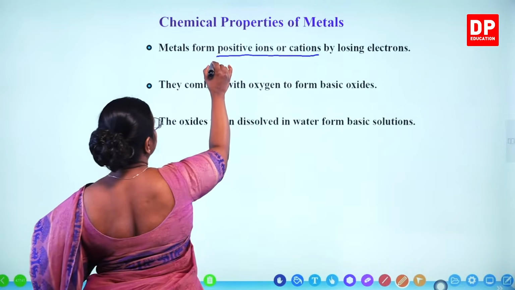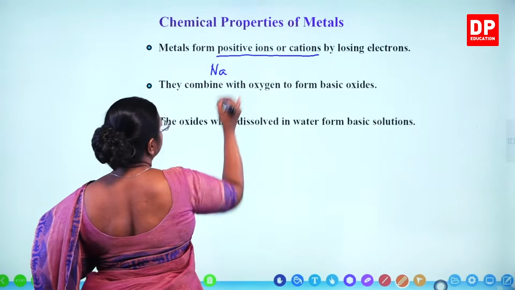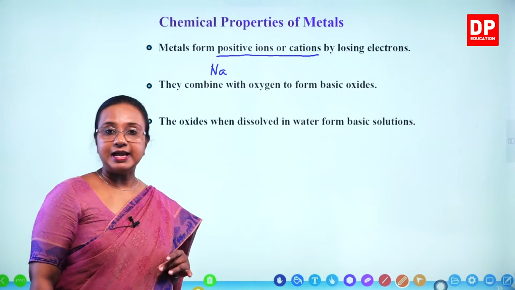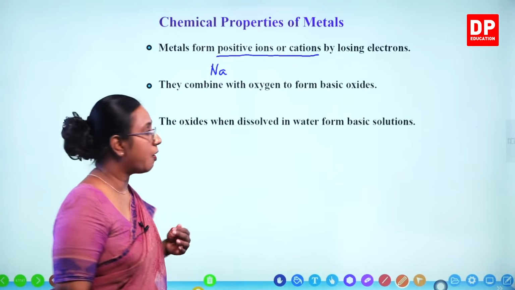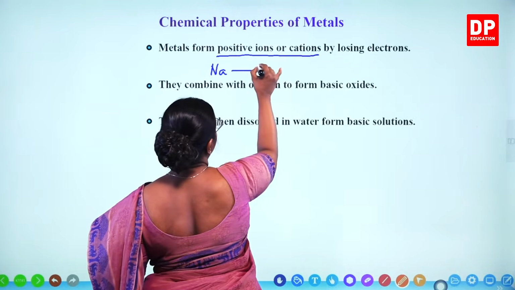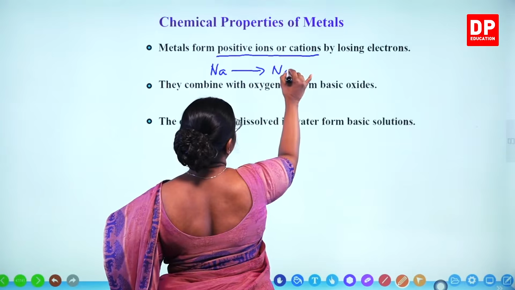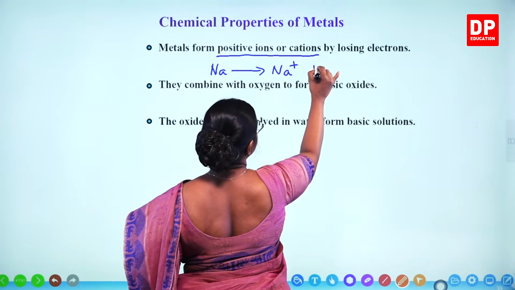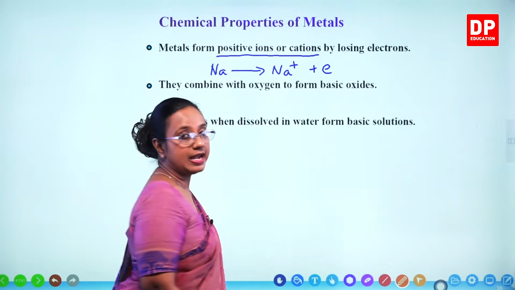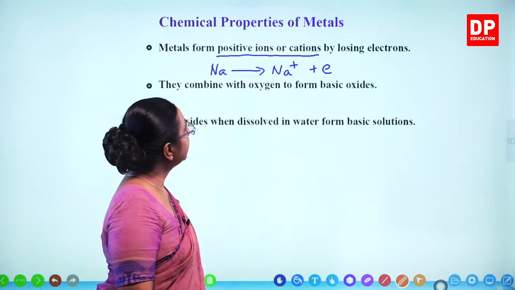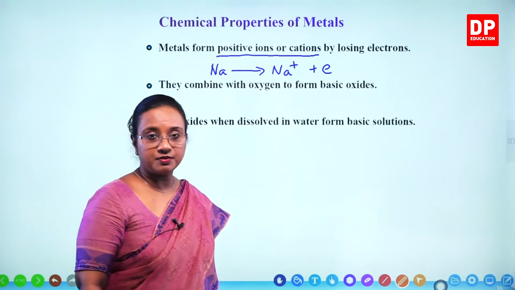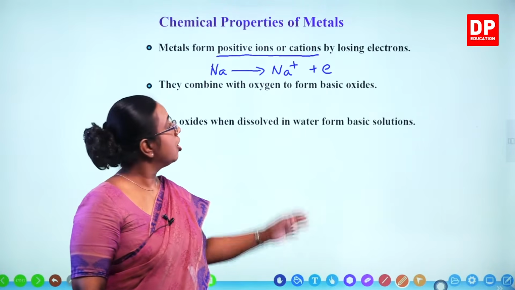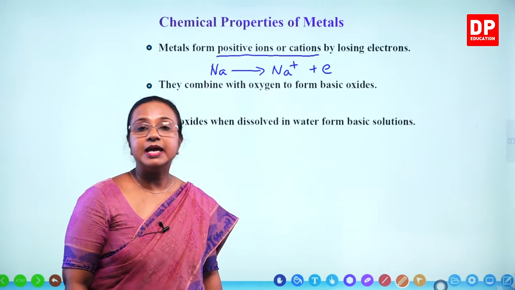Sodium is a metal. It is a neutral atom that can lose an electron and form a positive ion. So here it becomes Na+ by losing an electron. This Na+ ion is known as a positive ion because of the positive charge, or it is called a cation.